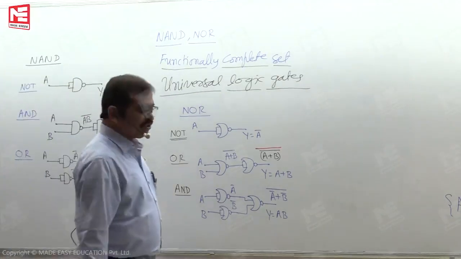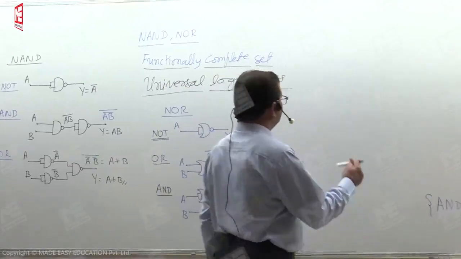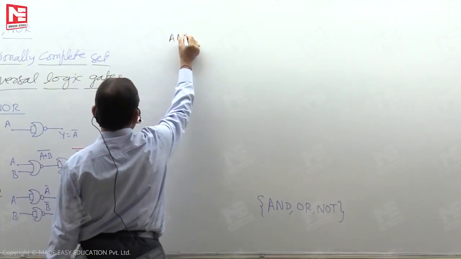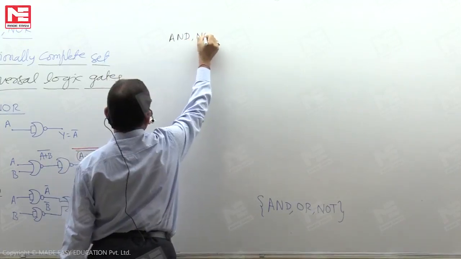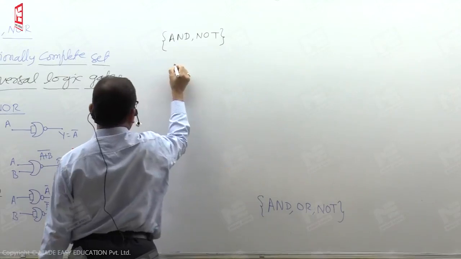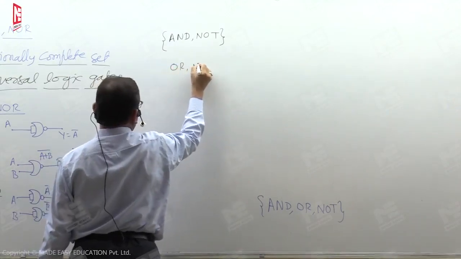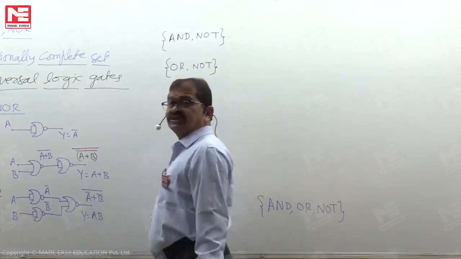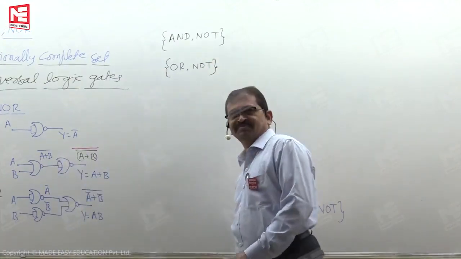So based on this discussion, we can say, if we have a set of AND, NOT, or a set of OR, NOT, the set of AND NOT or set of OR NOT itself is functionally complete.